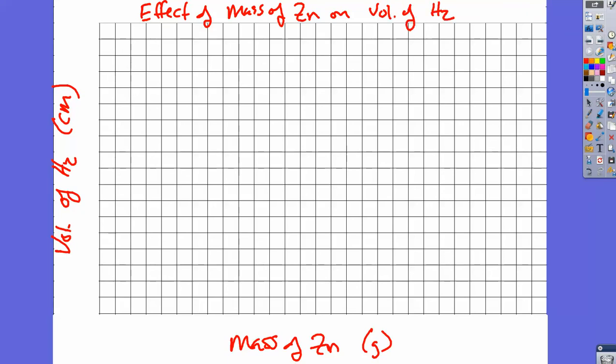In this case, you saw a consistent increase that kind of looked like this. Between your 3 data points, as we added more and more zinc, the balloon kept getting bigger.